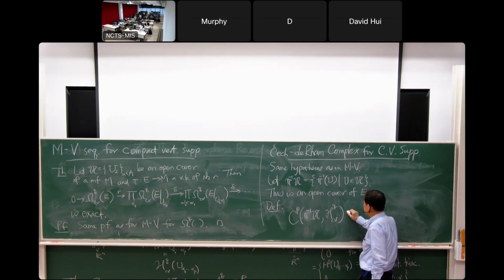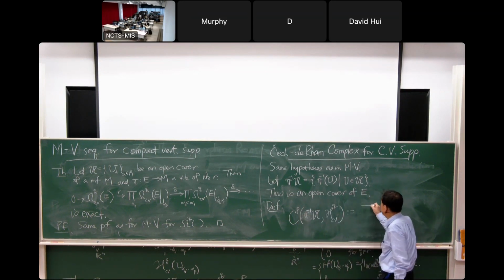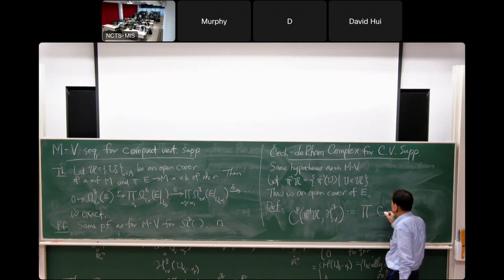What is this? C^P means that you take the P plus 1 fold intersections.